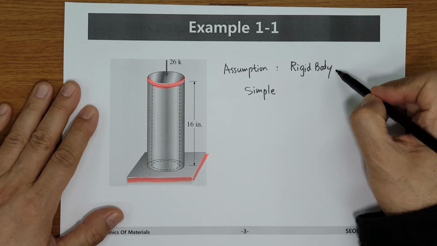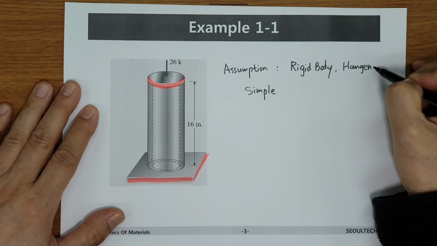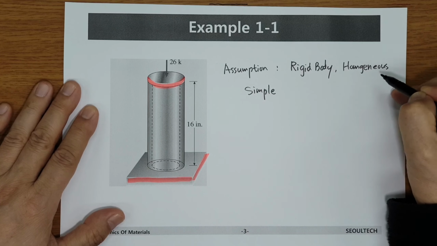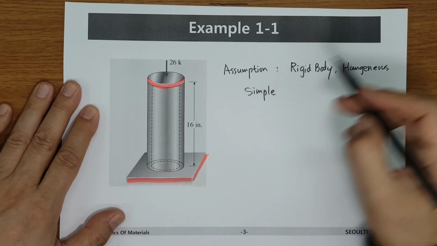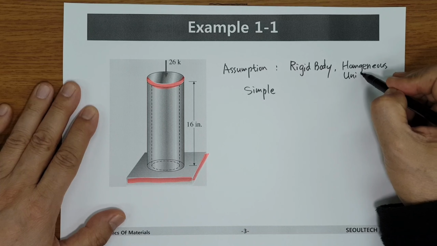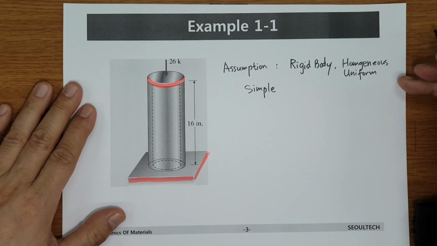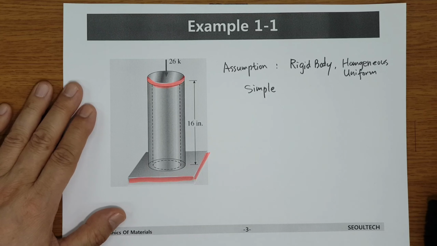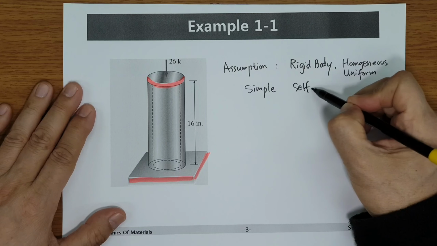For example, rigid body, or in some cases, homogeneous. When the material is homogeneous, the inside of the material itself has a very uniform structure. Then we can eliminate many unexpected factors related to the material itself. Or in some cases, we introduce neglecting self-weight.